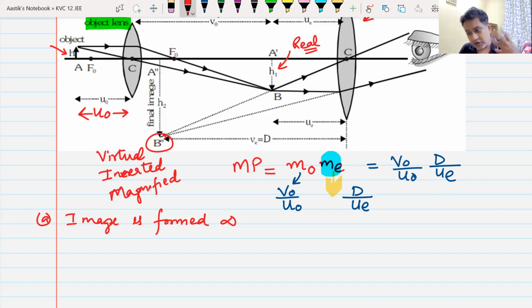Image is formed at infinity. Now I'll give you a minute to think about it and tell me what will be the formula. You know the formula, that's why I'm asking you. What will be the formula of magnifying power in that case?